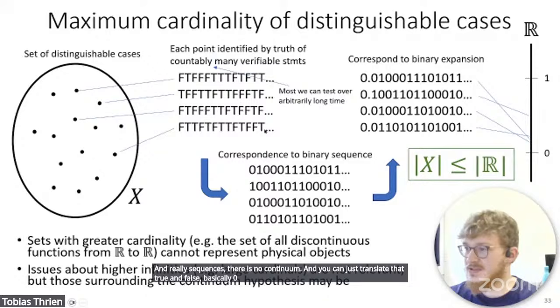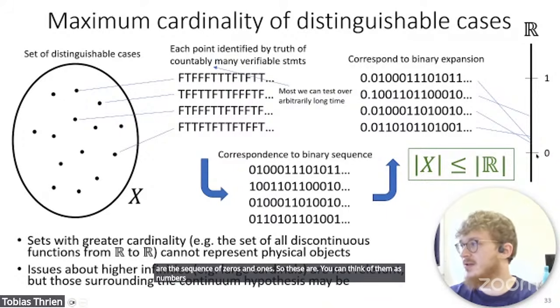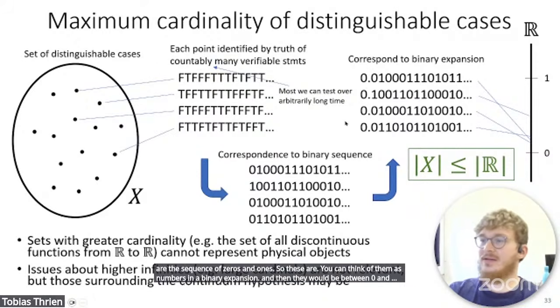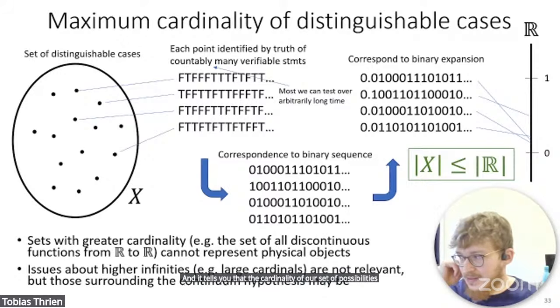So each of the points in our space is a sequence of zeros and ones. You can think of them as numbers in a binary expansion, and then they would be between 0 and 1. And that tells you that the cardinality of our set of possibilities can be at most that of the real numbers. So at most that of the continuum.